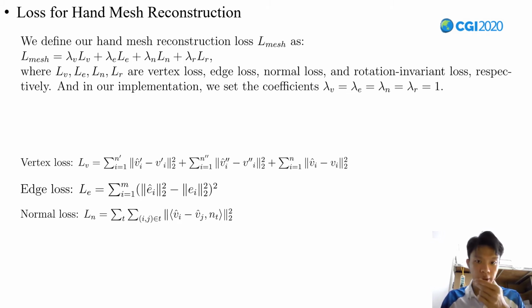The second term and the last term are derived from the second intermediate hand mesh and the last hand mesh respectively. The edge loss is about the length error of each edge between the estimated hand mesh and the ground truth. The normal loss forces the normal of each triangle on the estimated mesh to be the same as the ground truth.